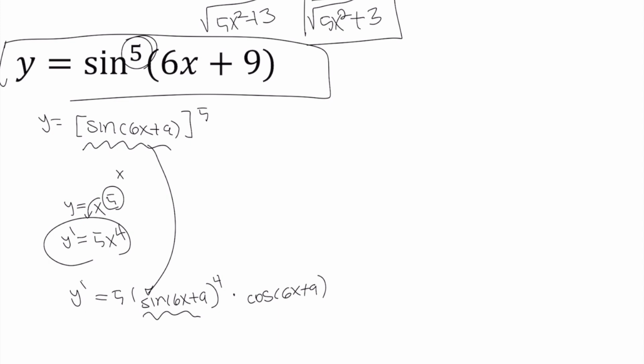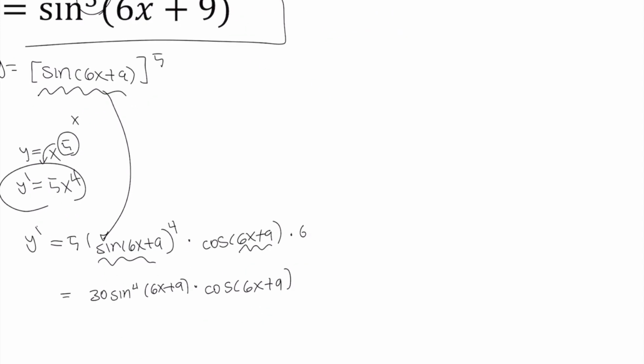But we can still take the derivative of the inside, which is 6x plus 9. The derivative of 6x plus 9 equals 6. So the answer is 30 sine to the 4th of 6x plus 9 times cosine 6x plus 9.